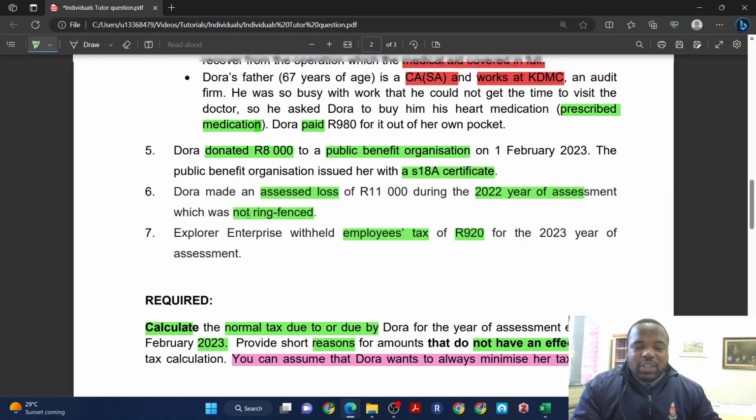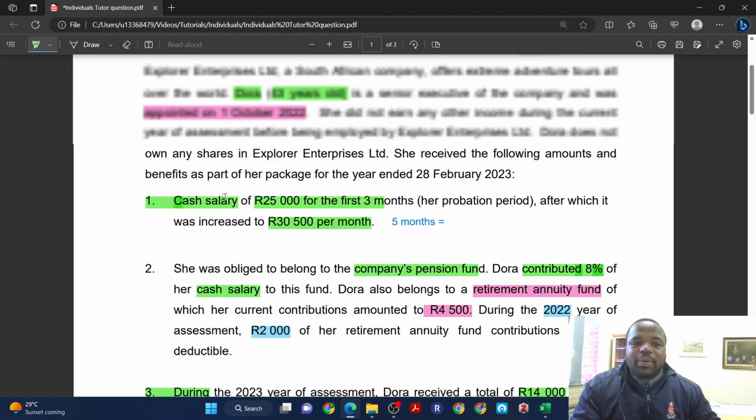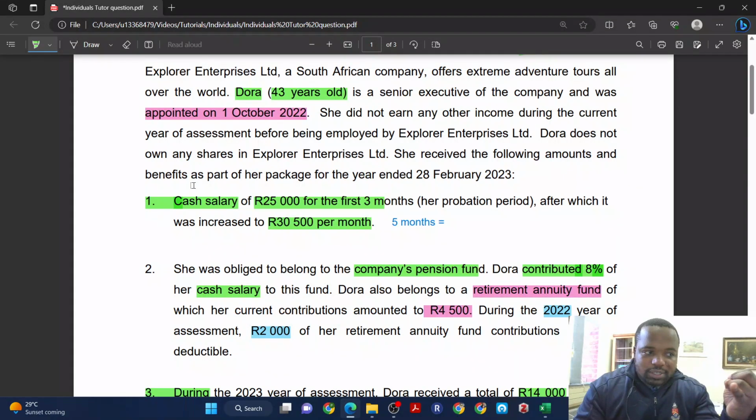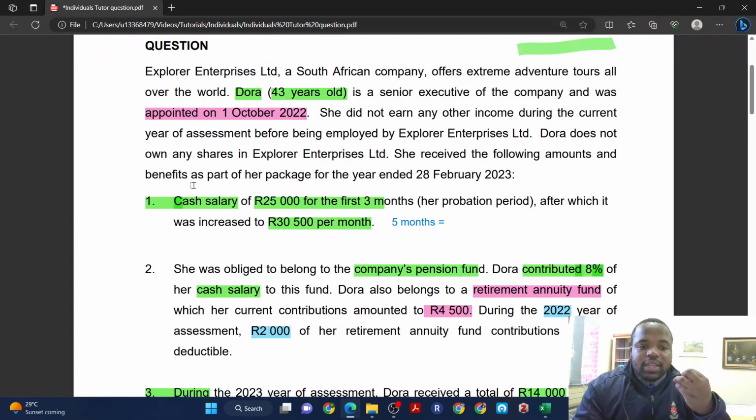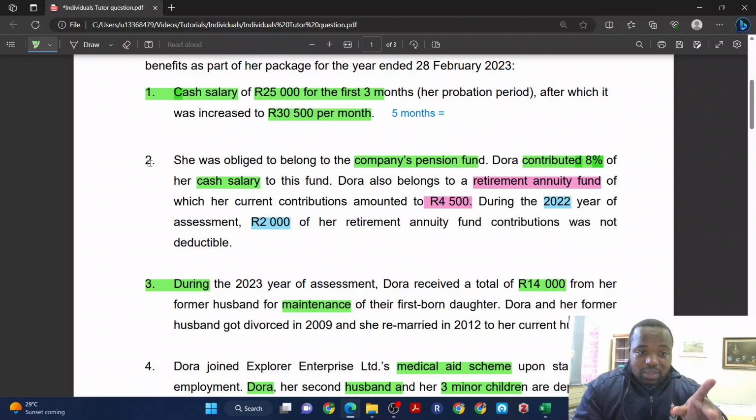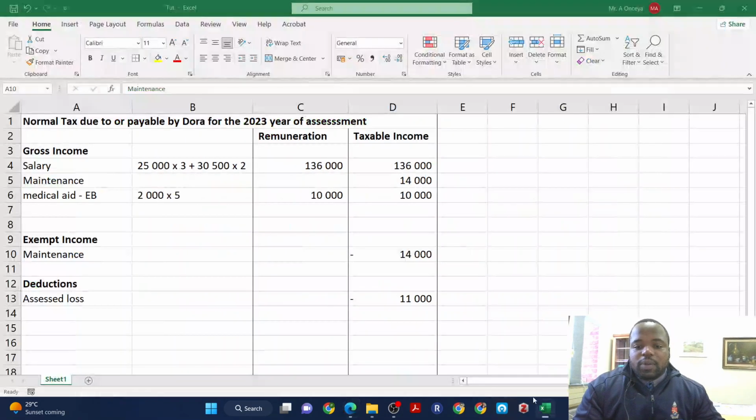Remember, your last three items are capital gains tax first, then the retirement fund contribution deduction, and lastly the donation, before you get your taxable income. There is no CGT, so we're in a perfect place to jump in and do this one, number 2. Easy peasy.